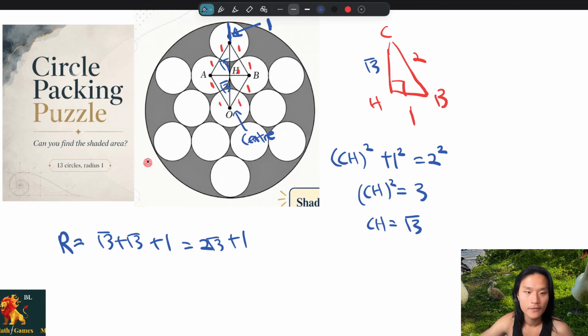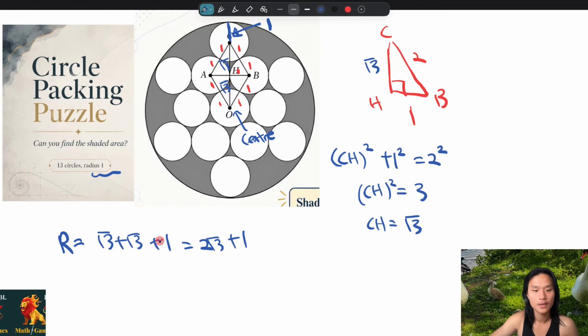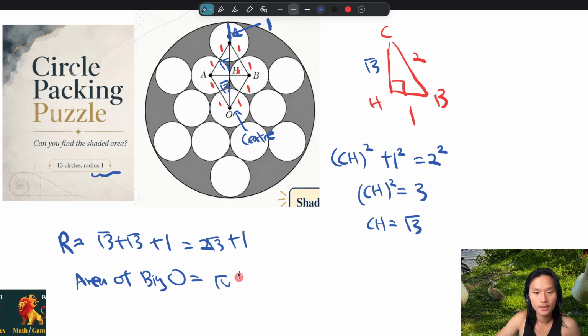So to find the shaded area, all we have to do is to find the area of the big circle and minus 13 of those small circles of radius 1. So the area of the big circle is pi times (2 root 3 plus 1) squared.